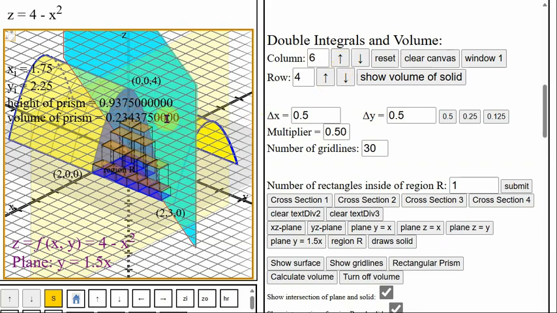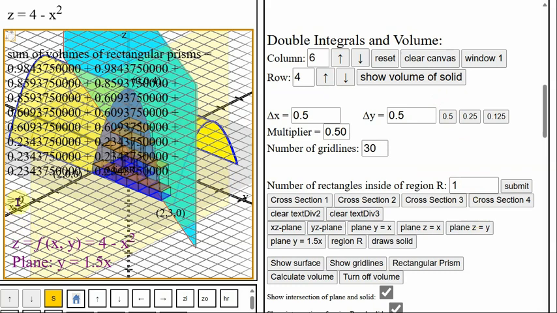And so here I have a total of 16 rectangular prisms, and the volume of the 16 rectangular prisms is 9. And so obviously the volume of this solid right here is going to be way less than 9.